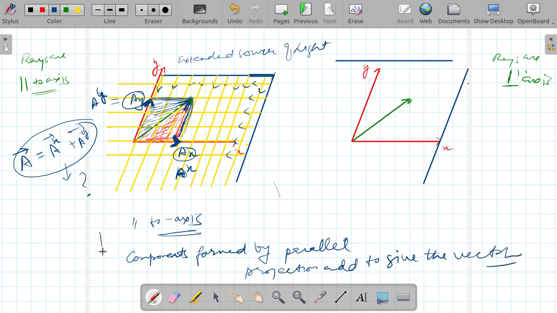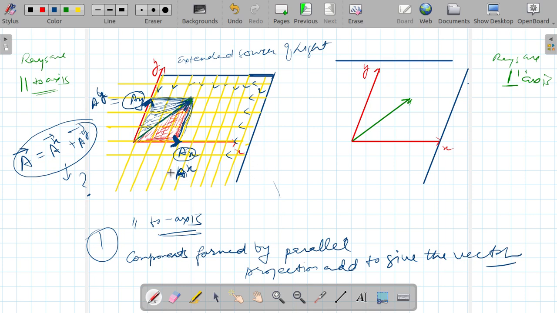Right? This is the one conclusion which we are getting. Because it will become a parallelogram, this vector is simply written as the sum of these two vectors. This is simply the parallelogram law of vector addition.